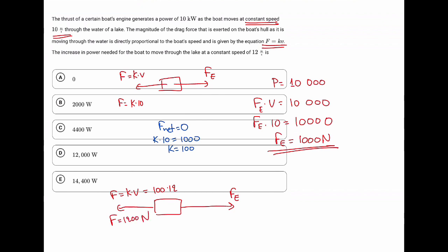And since again the F net is 0, since the speed is constant, the force by the engine has to be 1,200 Newtons.